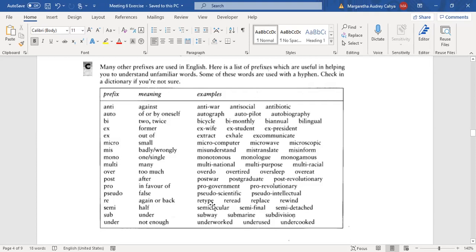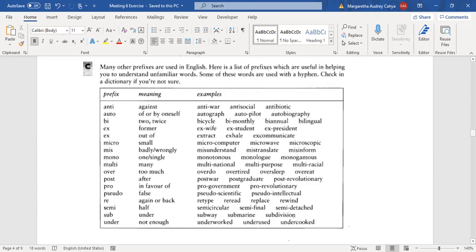Retype itu diketik lagi ya, reread dibaca lagi, replace diganti ya, rewind it's usually for if you are watching a video. If you want to watch it again, re-watch. Kalau kalian mau nonton lagi itu juga bisa dibilang rewind. Jadi kan diputar ke belakang, begitu. Okay.